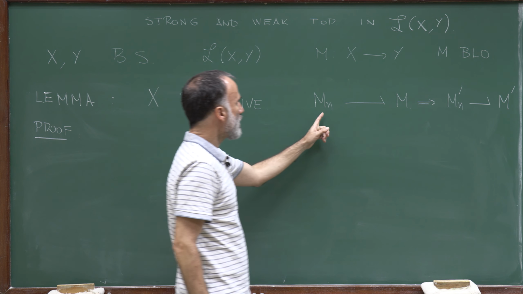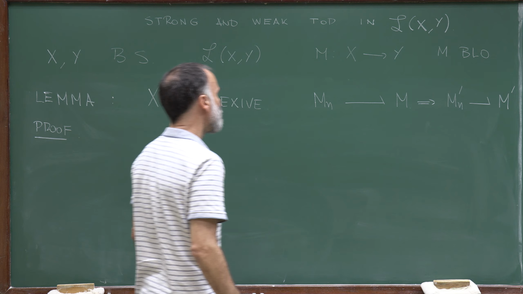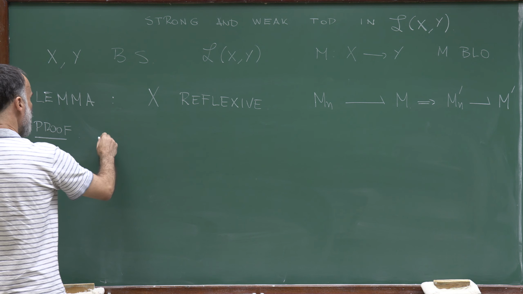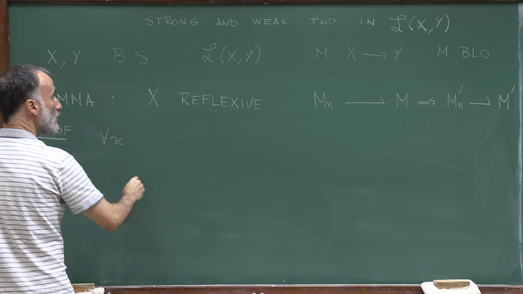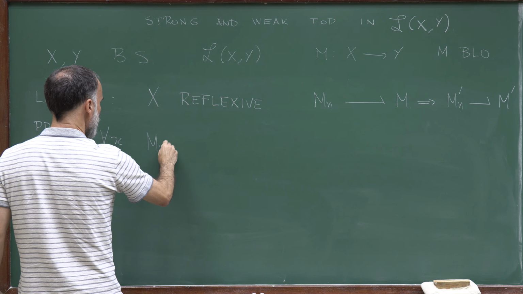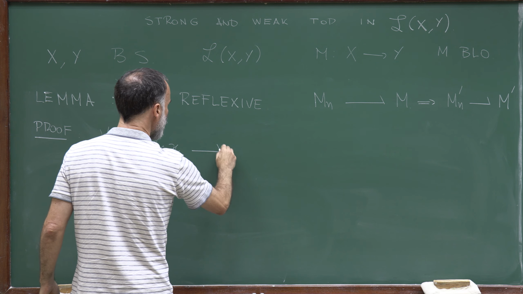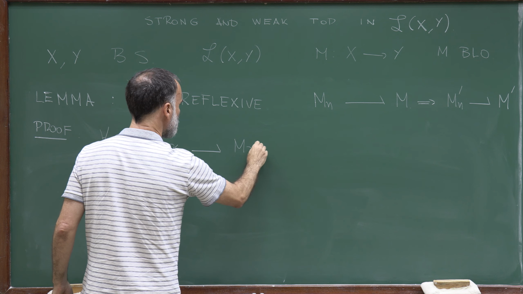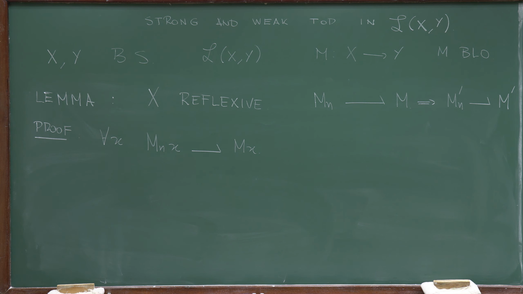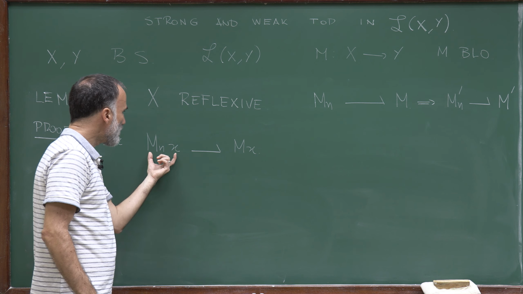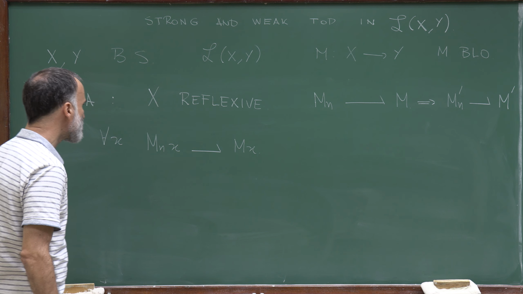So Mn is converging weakly to M. So this means that for all x, Mn x is converging weakly to M x. Well, but what does it mean that Mn x converges weakly to M x?